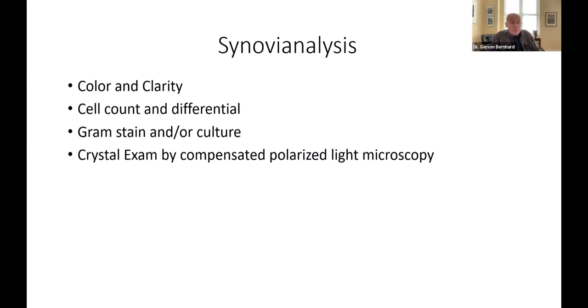It's useful if you're concerned about things like gonorrhea. And the crystal examination with compensated polarized microscopy. These are the things you want to ask your laboratory to be sure to do, and put that fluid in some tubes that have an anticoagulant and tell them which anticoagulant you used. Next slide, please.